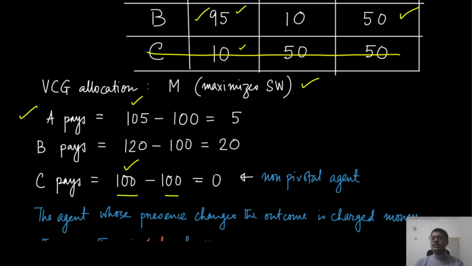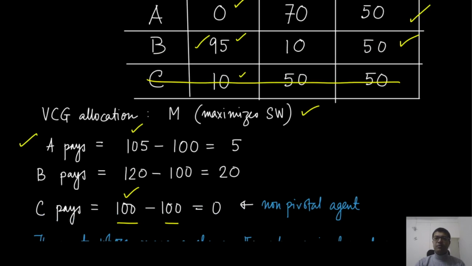So in some sense, C is not a pivotal player, and that is where this idea of the pivotal mechanism comes in. If a player is not pivotal, that is, his presence or absence does not change the outcome, then in this mechanism he is asked to pay 0. He is not charged any money, and that is one interpretation of this mechanism.